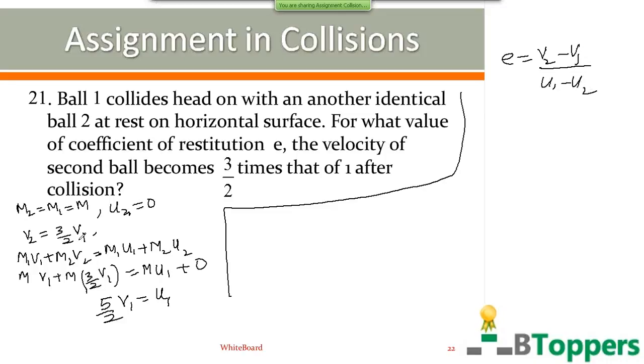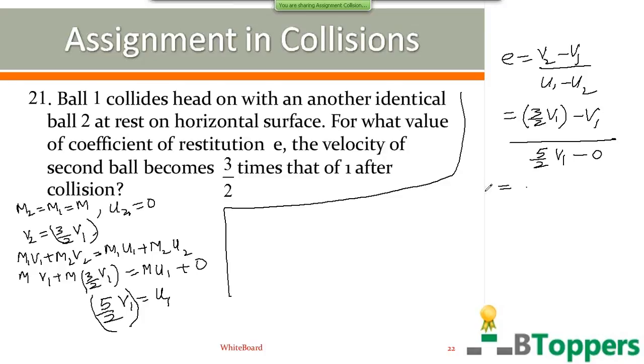Substitute V2 equal to 3 by 2 times V1 in the numerator, and in the denominator substitute U1 equal to 5 by 2 times V1, with U2 as 0. Simplifying, we get V1 by 2 divided by 5 by 2 V1. So we get E equal to 1 by 5. That's the answer.